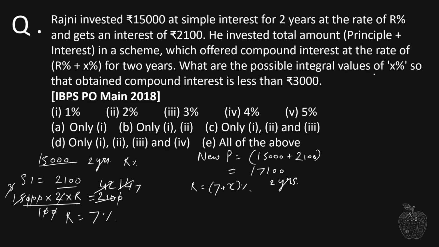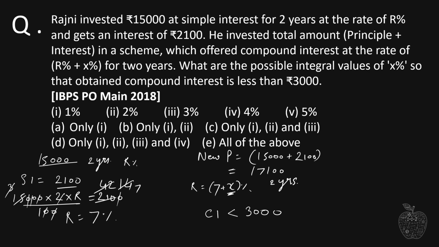What are the possible integral values of X% so that the obtained compound interest is less than 3000? The question is asking us to find such values of X which will give a compound interest that is less than 3000.